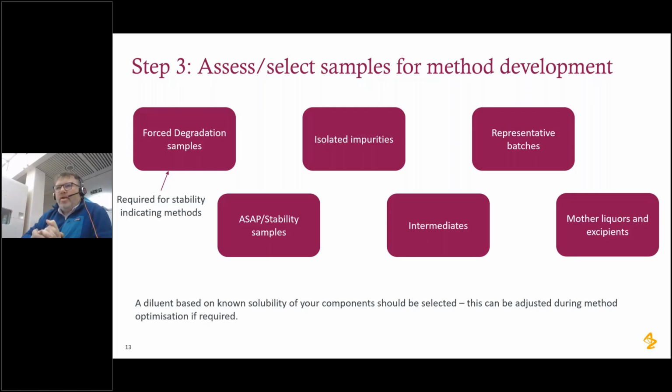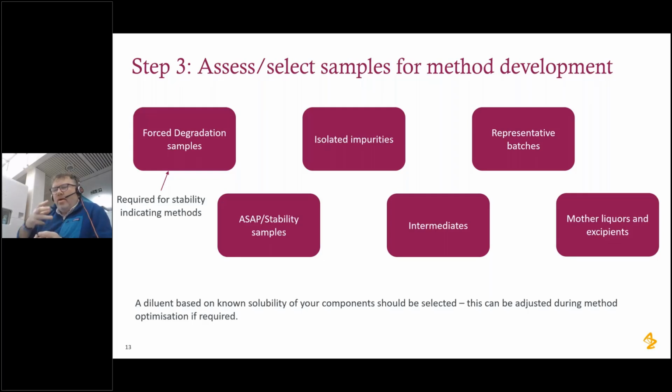Equally, if we want to look at the isolated impurities or intermediates from a particular chemical process, and we're not so bothered about stability, we may only need to put samples in that have got isolated impurities or intermediates in there as part of that chemical assessment.